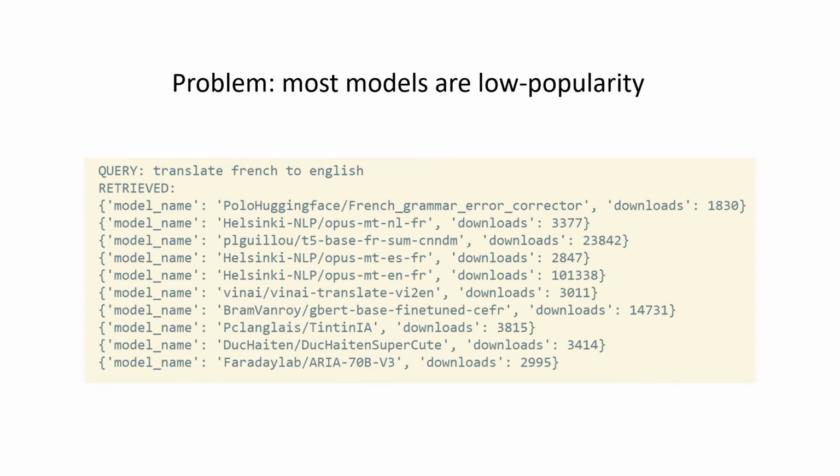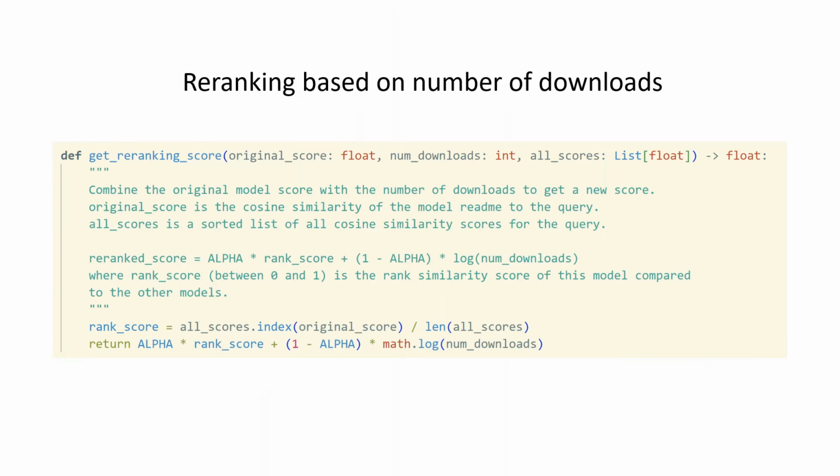So I decided to implement a simple reranking algorithm based on the number of downloads. This is a fairly simple formula that basically weighs the original ranking score with the number of downloads, and the hyperparameter alpha weighs the trade-off between returning more popular models versus more relevant models. To set this value of alpha, I just played around with it a little bit until I found a value that seemed to work.